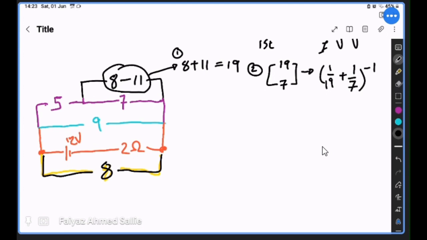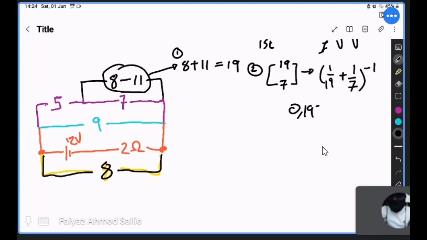Number 2. Okay. Let me just get a calculator. 1 over 19 plus 1 over 7 to the power of minus 1. So we have an answer of 0,195.